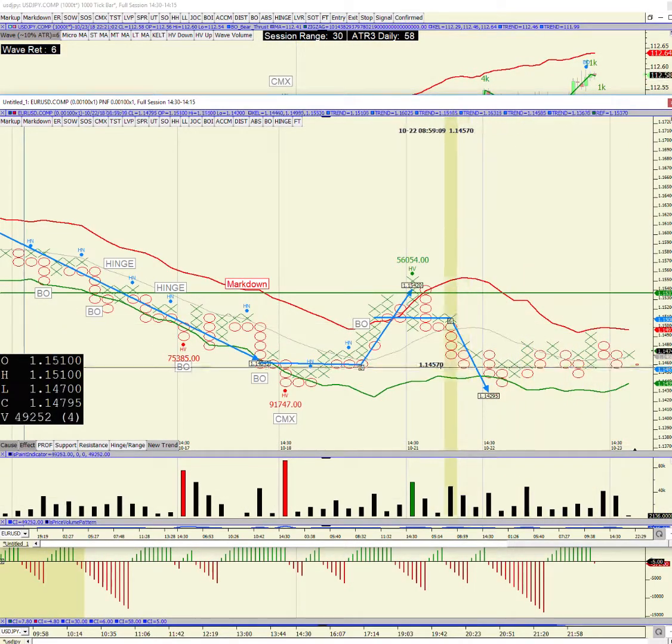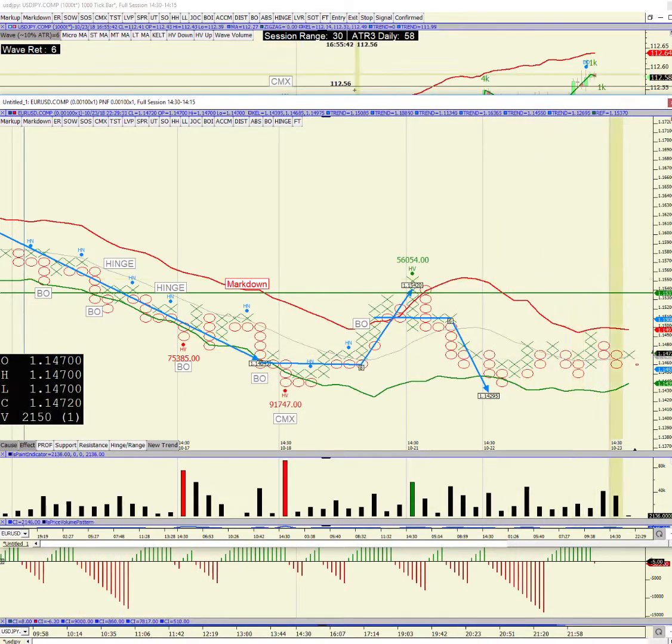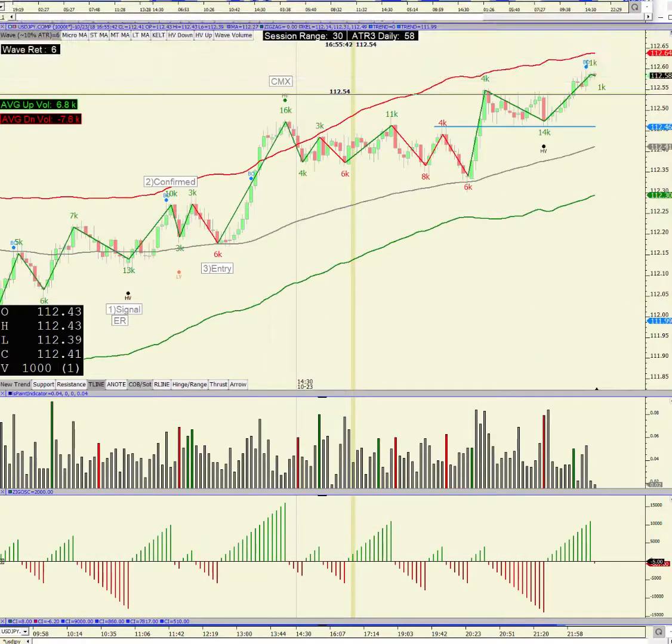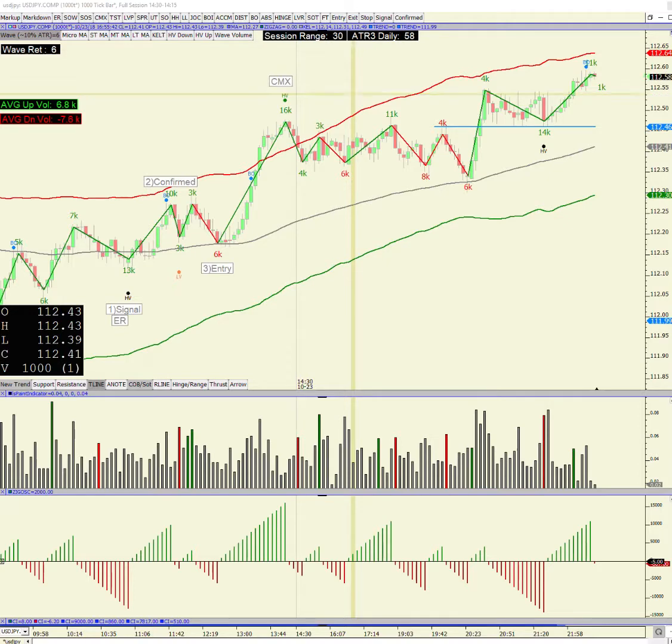So I want to see what happens, but to me, I don't like it. I don't like that effort reward would be that high up. I don't like the amount of volume that came out. I mean, if it was 8,000 or something, that's different, but this is significant.